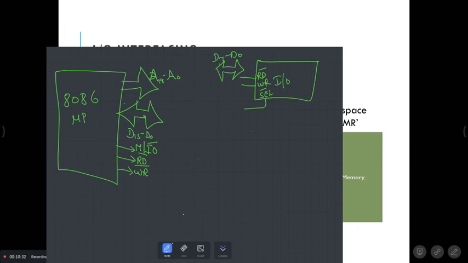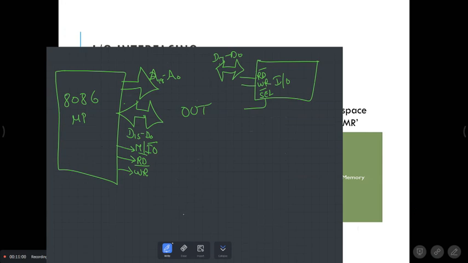Once the IO device is located, if the microprocessor wants to put data to the IO device, it uses one instruction called the out instruction. This out instruction will give data from the microprocessor to the IO device.